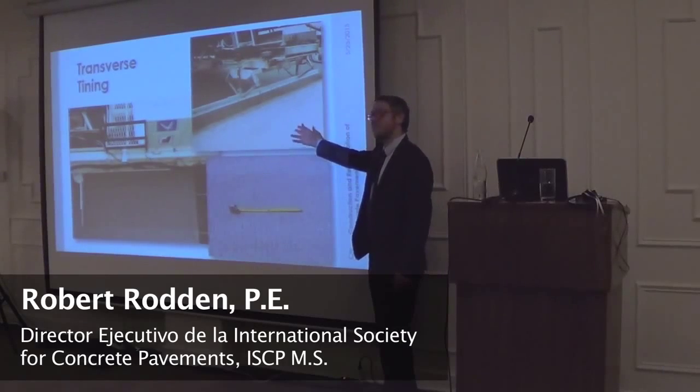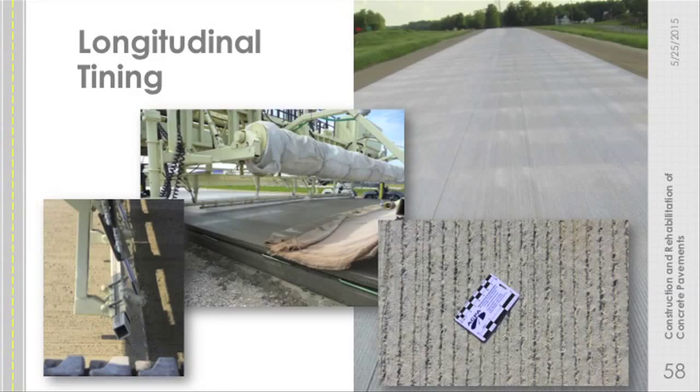We see a lot less of this now and a lot more of this, longitudinal tining. Same idea, but instead of going back and forth and having to stop the equipment, we're constantly dragging it behind the paving. So the tines are in the direction of paving the whole way.